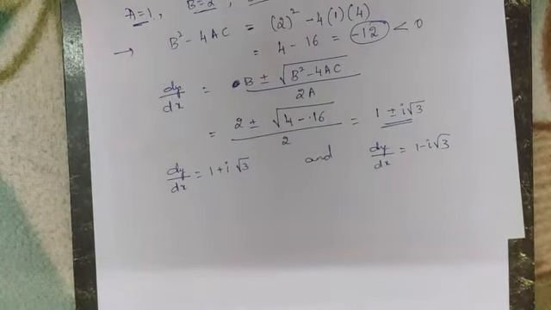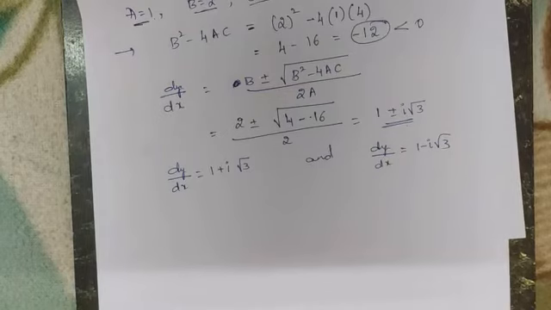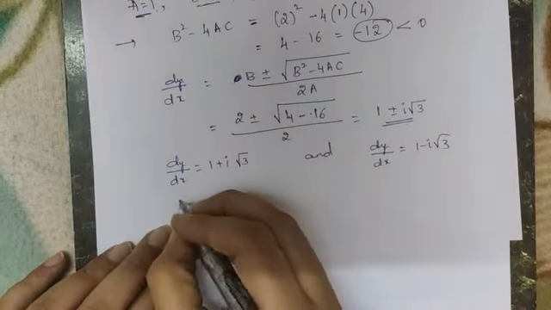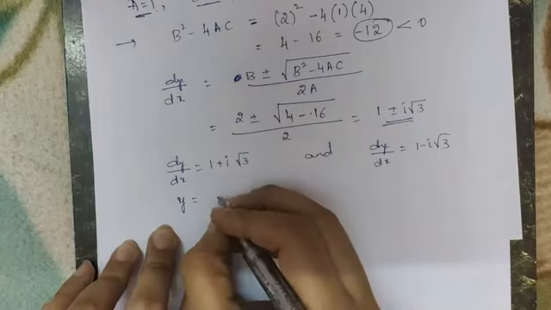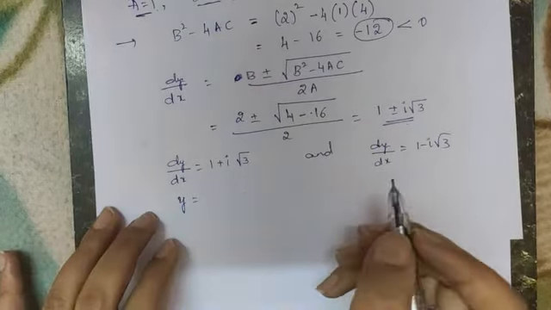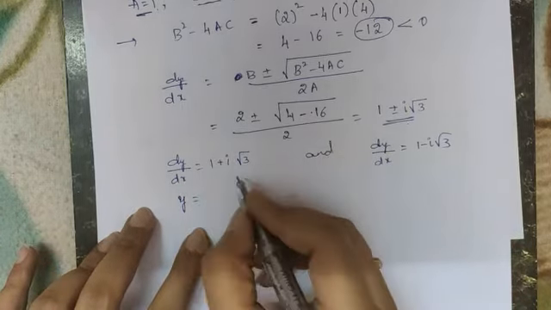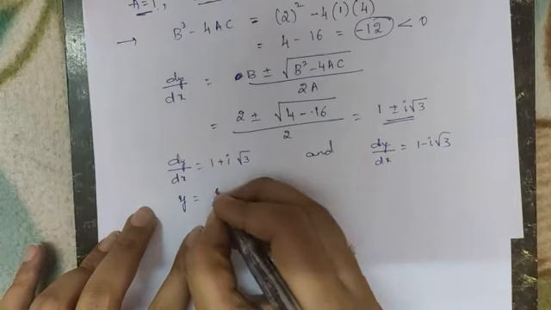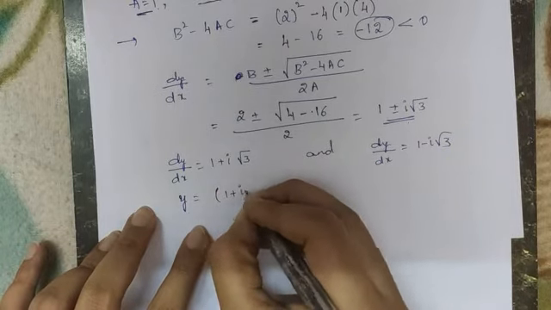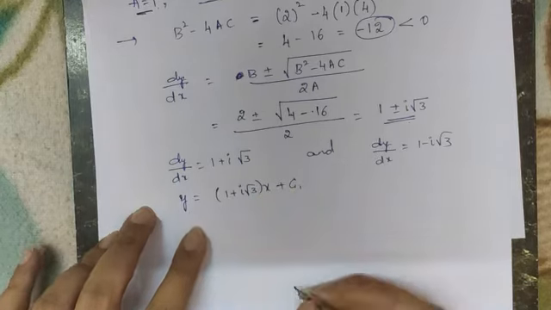So next what I have to do, I have to integrate these two equations in order to find the value of xi and eta, right? So y is equal to, if I integrate this, then only I will get y, right? So if I integrate this whole term with respect to x, I will get 1 plus i root 3 into x plus some constant c1.